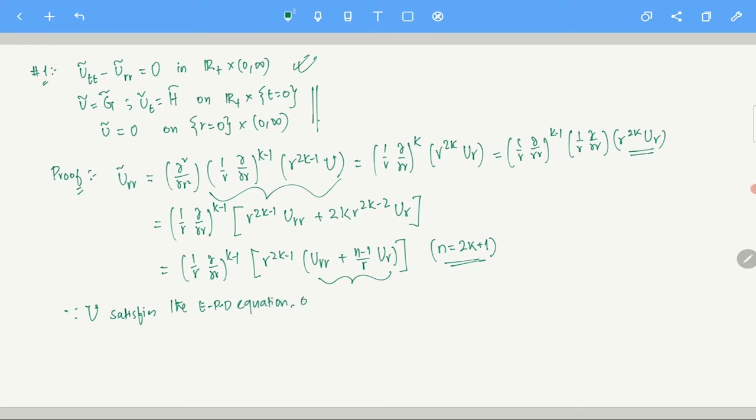One has this particular thing equal to (1/r ∂_r)^(k-1) r^(2k-1), and this particular thing is U_tt, right? You remember the Euler-Poisson-Darboux equation is U_tt minus U_rr minus (n-1)/r U_r equals 0 inside the domain. So basically this is equal to U_tt. I'm just replacing this.